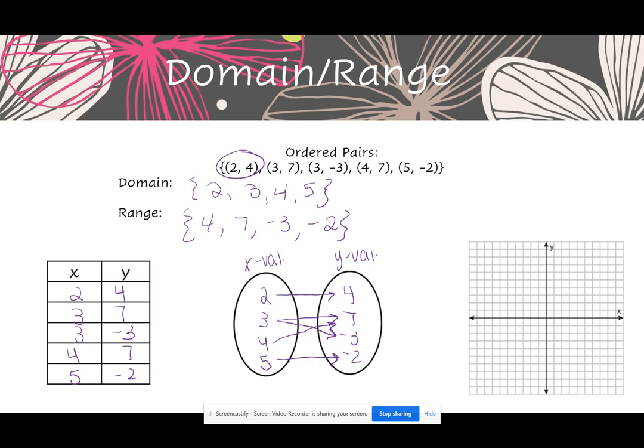And then lastly, we're going to plot them. So we have 2, 4. Again, you're always starting at the origin. We're going to go right 2 and up 4. So this is your first point. 3, 7, we're going to go over 3 and up 7. 3, -3, over 3 and down 3. 4, 7, 1, 2, 3, 4, and up 7.